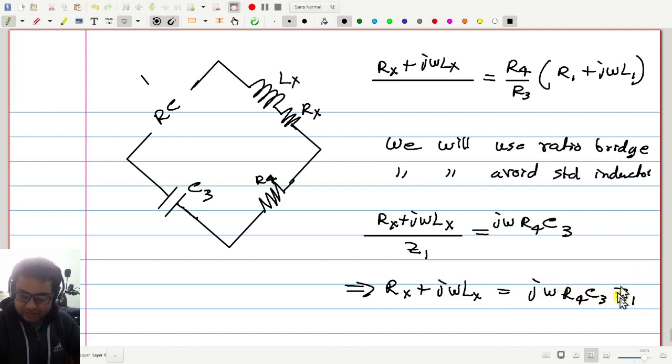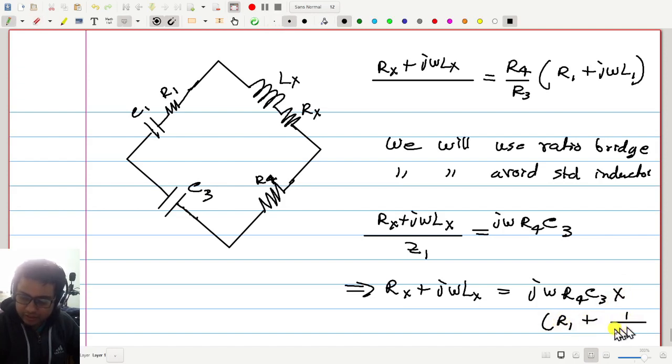Now what do you think? What should I choose, Z1 in series or in parallel? So I will choose this to be in series. C1, R1. Then this will become R1 plus 1 by j omega C1.